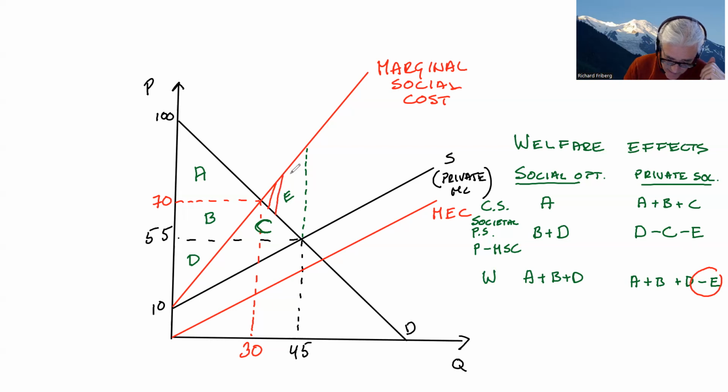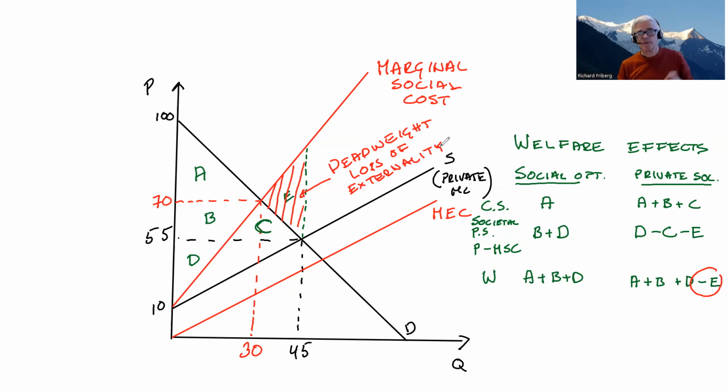Okay, so what's this? Well, this is a deadweight loss of the externality. Too much is produced.